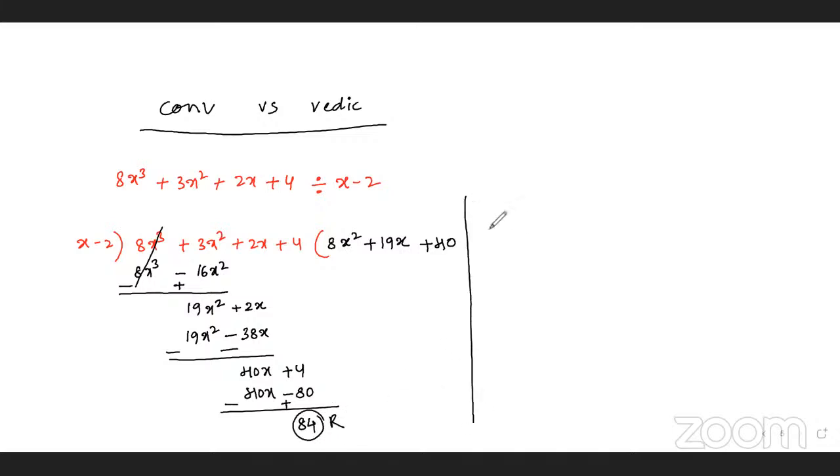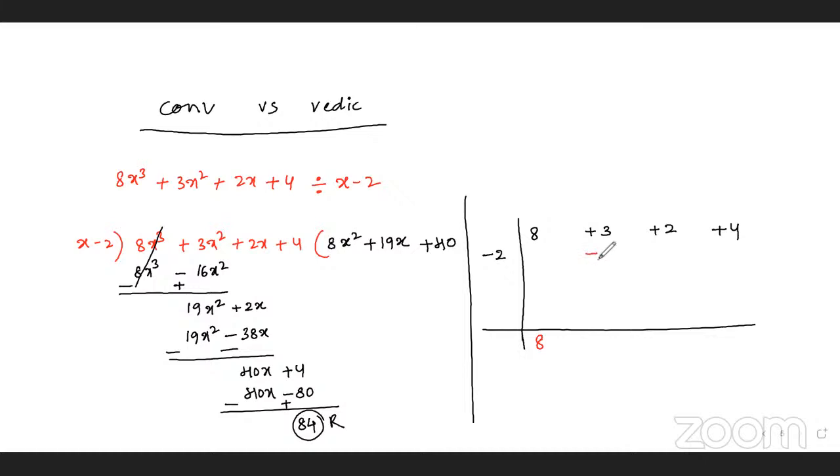Now come to the Vedic approach. 8 plus 3 plus 2 plus 4, and minus 2 is our modified divisor. First, let me write 8 here.